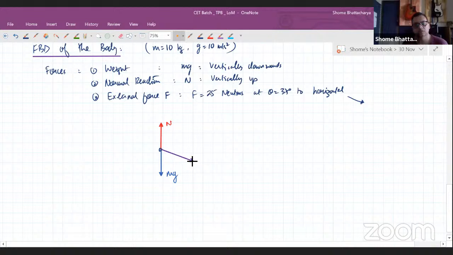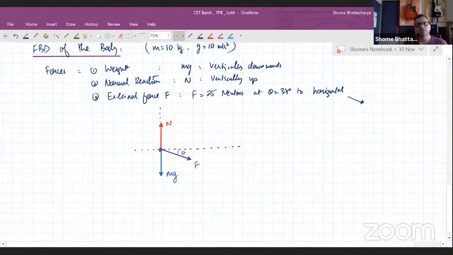It is like this, such that its direction is making an angle of 37 degrees with respect to the horizontal. So this angle is theta. Okay, so that's the first thing done.